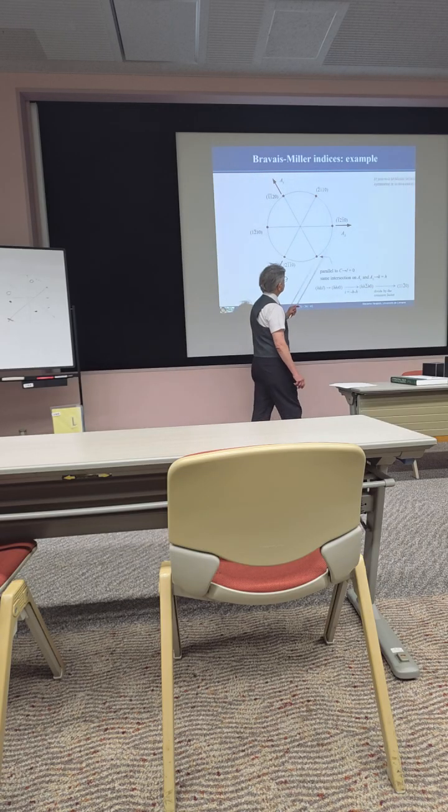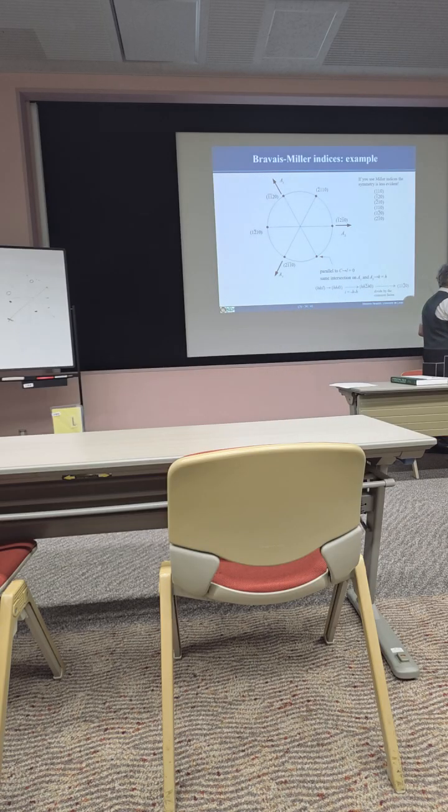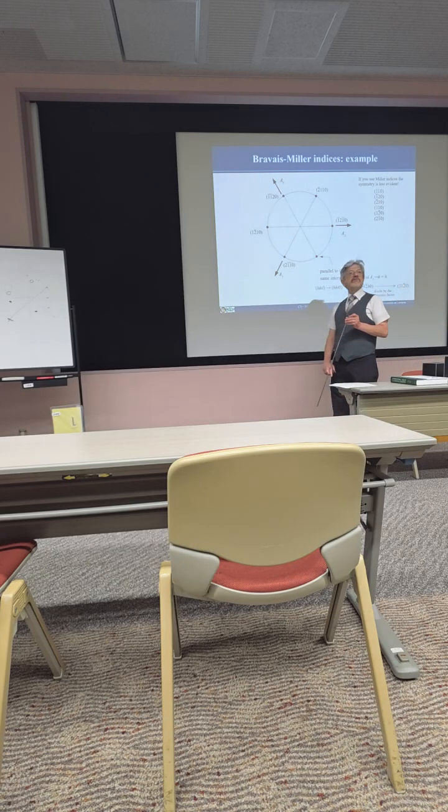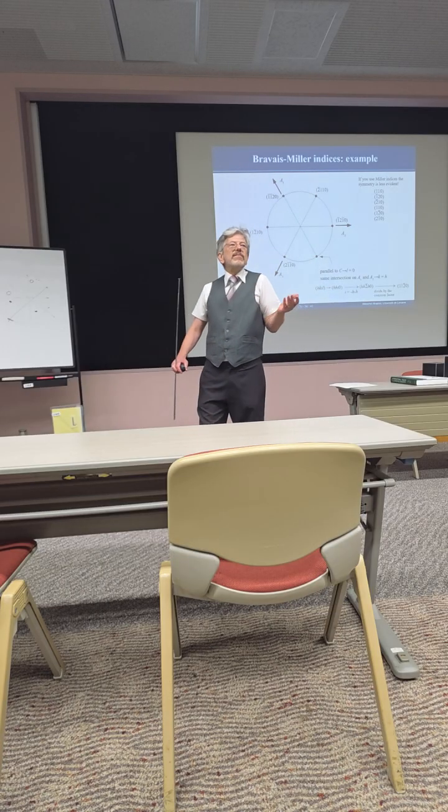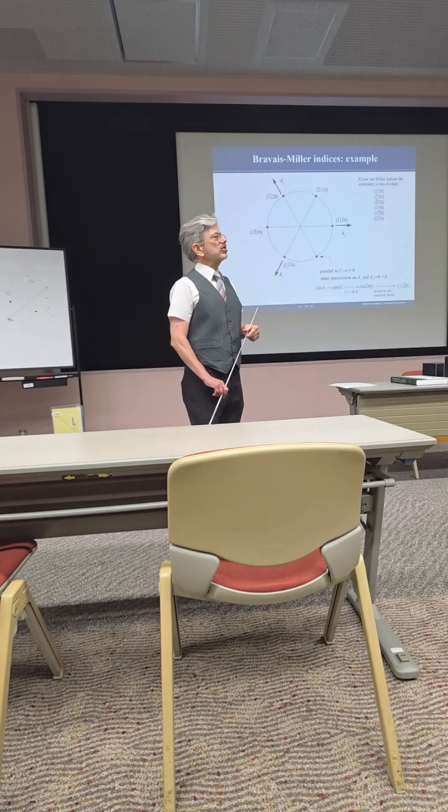And if you do the indexing with the Miller indices, you see that sometimes you have 1, sometimes you have 2. Doesn't look very much symmetric. The advantage of using the Bravais-Miller indices. So if you have a hexagonal coordinate system, it's always preferable to use this additional axis. It's not independent, but you see that the symmetry is much clearer.